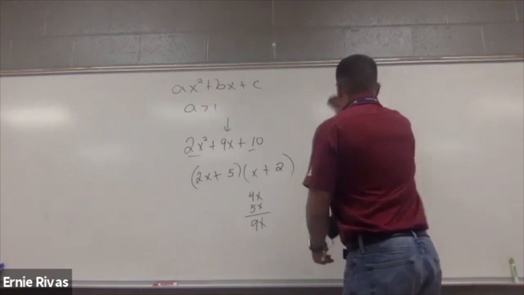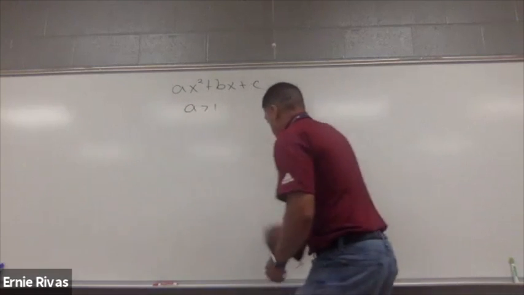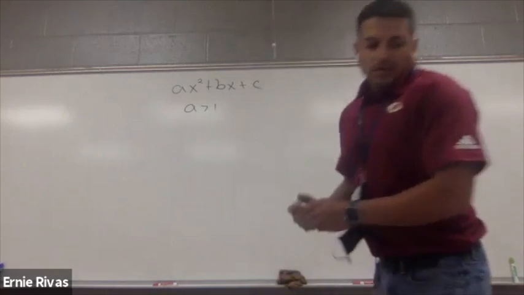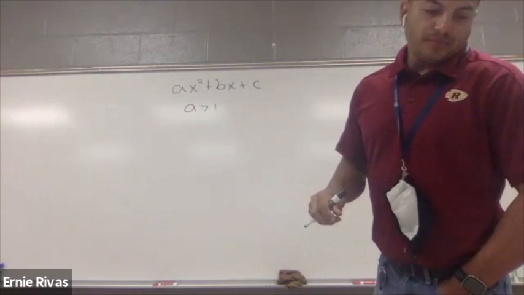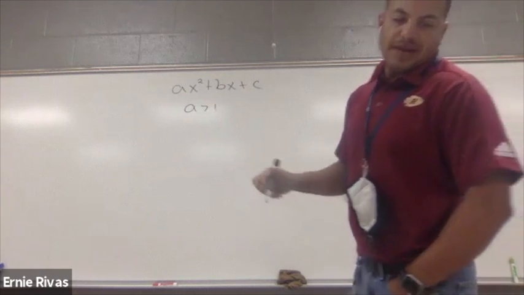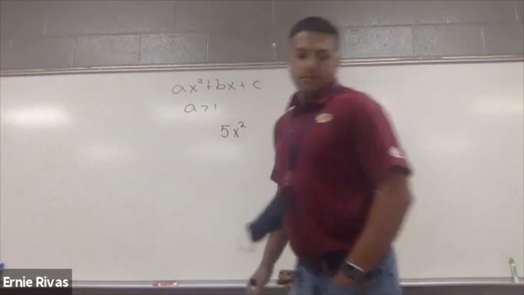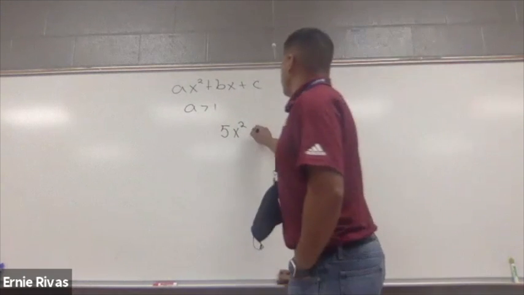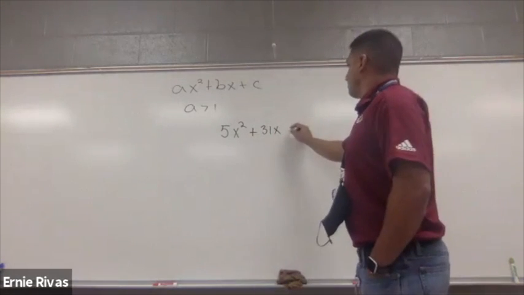All right, so let's try another one together. Let's try 5x squared plus 31x plus 6.